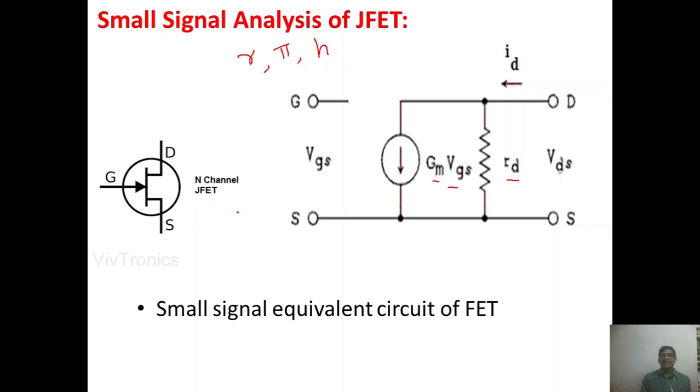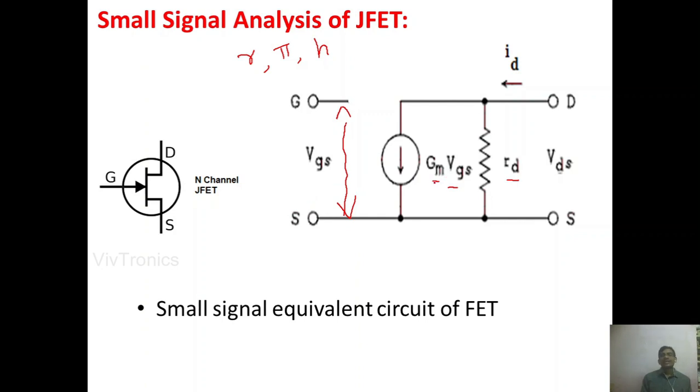As I already told, the input resistance of the JFET is very large, approximately equal to infinity. Therefore, on the input side we don't have any component in the equivalent circuit. We just mention the VGS voltage between gate and source, that is the input voltage for our JFET.